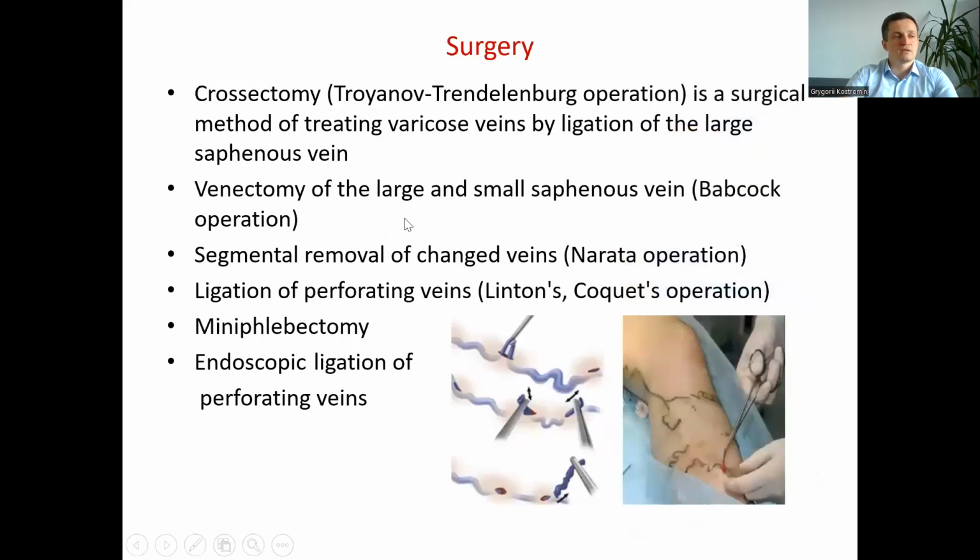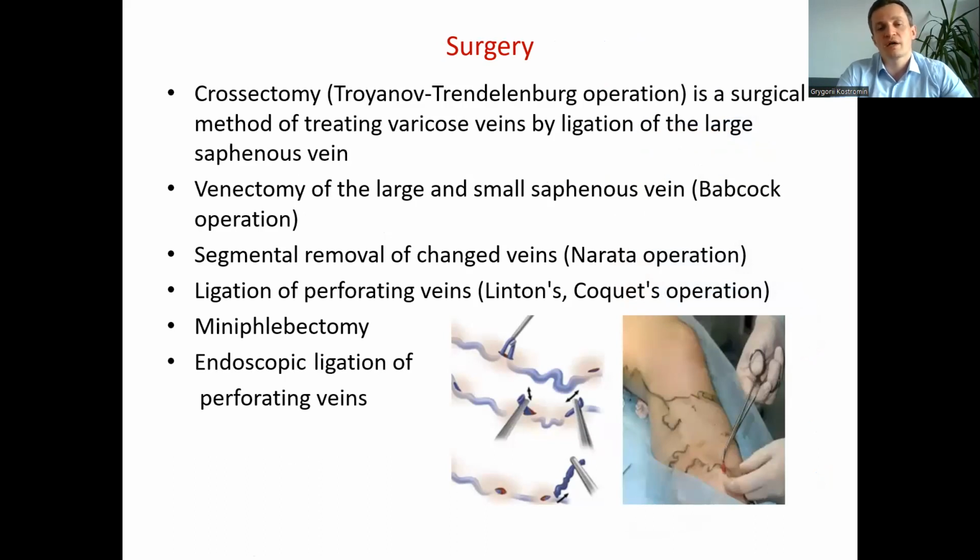And in the end, some words about the classical surgery methods. Crossectomy, Trojanov-Trendelenburg operation, is the surgical method of treatment of varicose veins by ligation of the large saphenous vein.